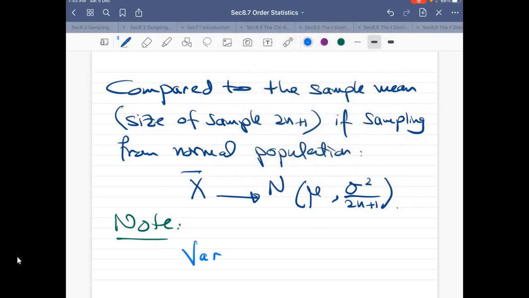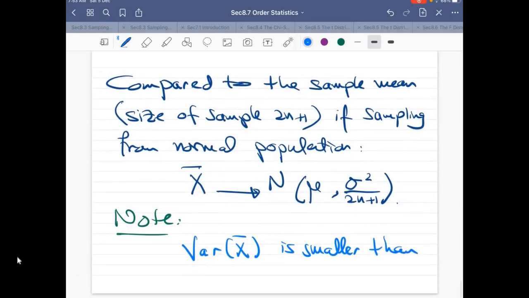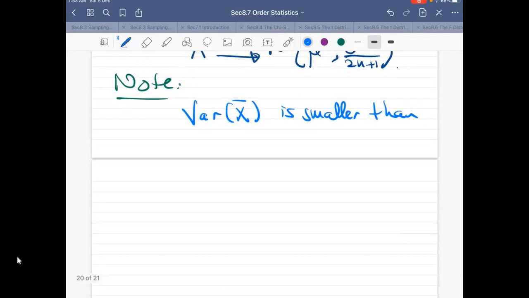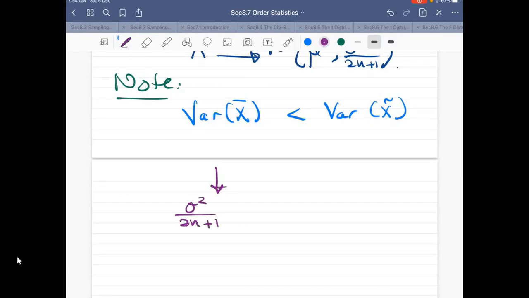The asymptotic variance of X bar is less than the variance of the median, because the variance of the mean is sigma squared over 2n plus 1, while the variance of the median is pi sigma squared over 4n.